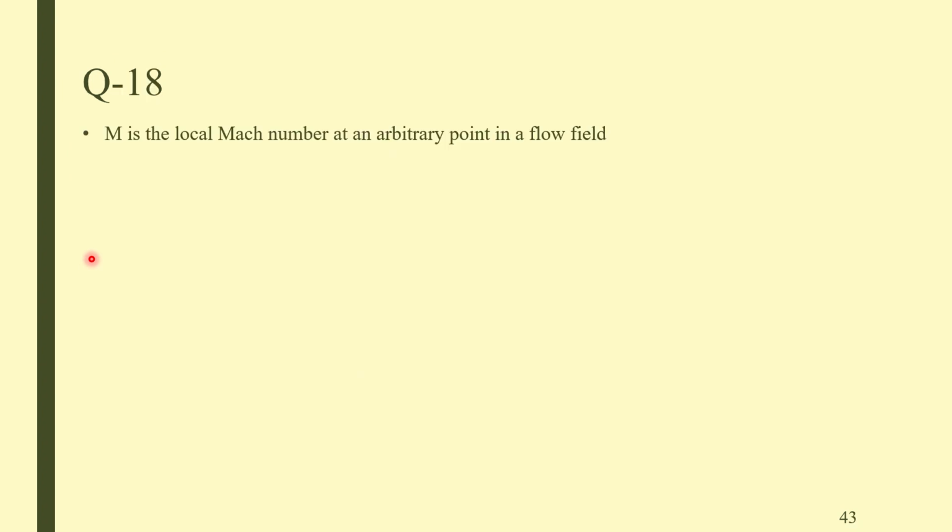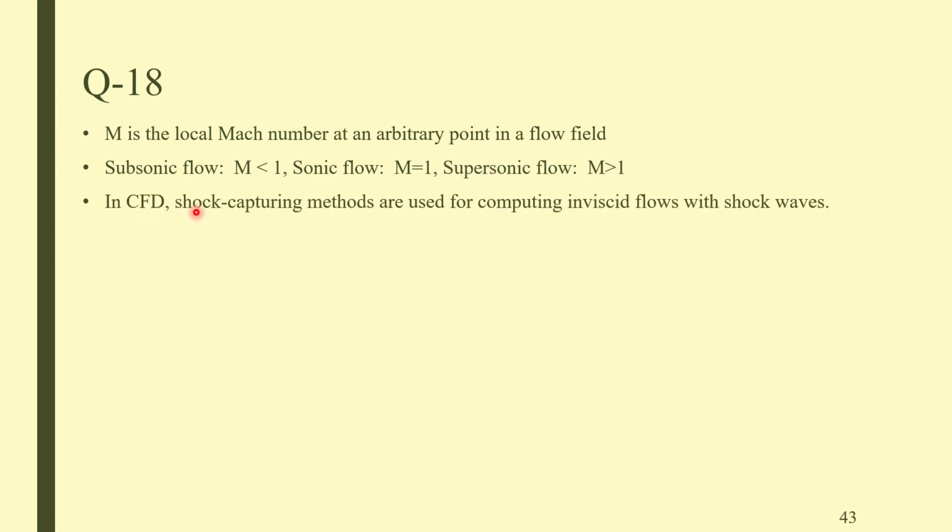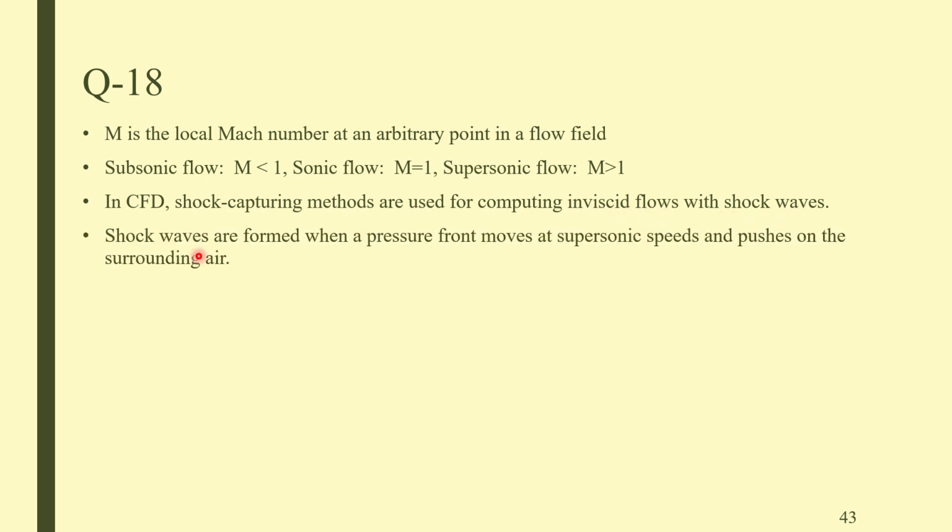And the third statement is about supersonic flows. In order to understand that, M is the local Mach number at any arbitrary point in a flow field. For subsonic flows, M is less than 1; for sonic flows, M is equal to 1; and if it is a supersonic flow, we have M greater than 1. In CFD, shock capturing methods are used for computing inviscid flows with shock waves.